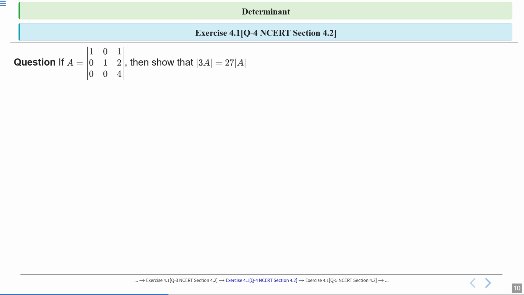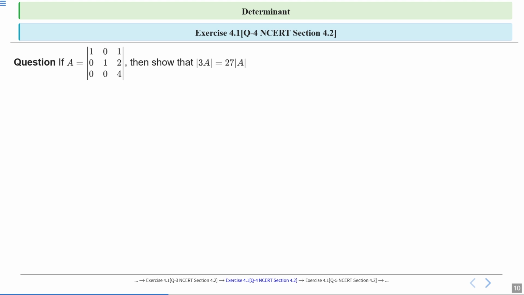Now, question number 4 is, we have given a matrix A, that is 1, 0, 1, 0, 1, 2, 0, 0, 4. Then we have to show that the determinant of matrix 3A is equal to 27 into determinant of A. Okay.